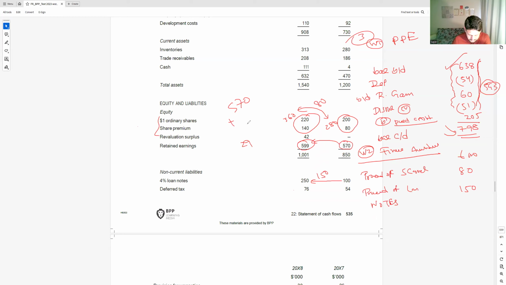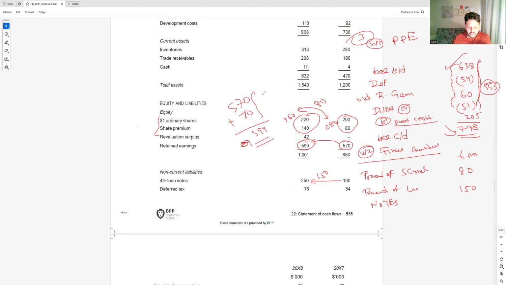70. So we have 70 we make during the year plus 70, and at the end of the year the closing we have 599. So how much dividend we paid? 570 was my already profit in my retained earnings account, and this year I make a profit of 70.